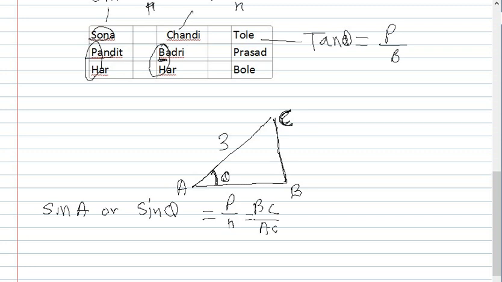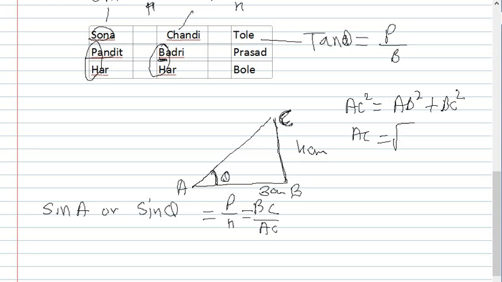Now let this be 3 centimeter and this be 4 centimeter. Then we need to find, so first we need to find AC, and AC square is equal to AB square plus BC square, Pythagoras formula.